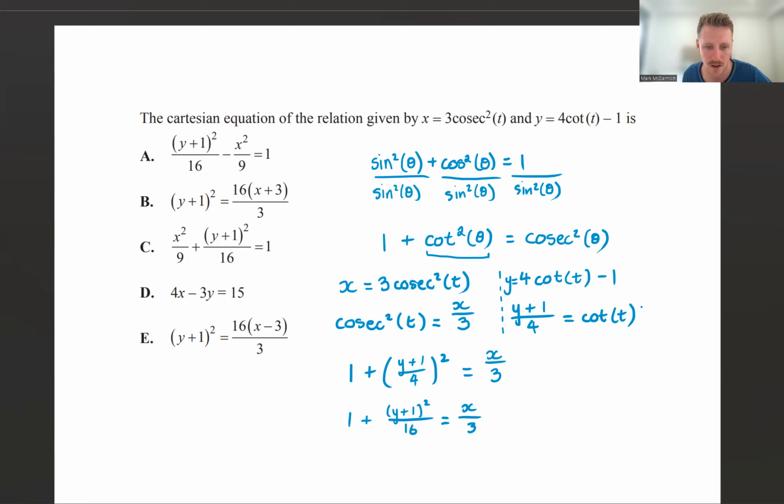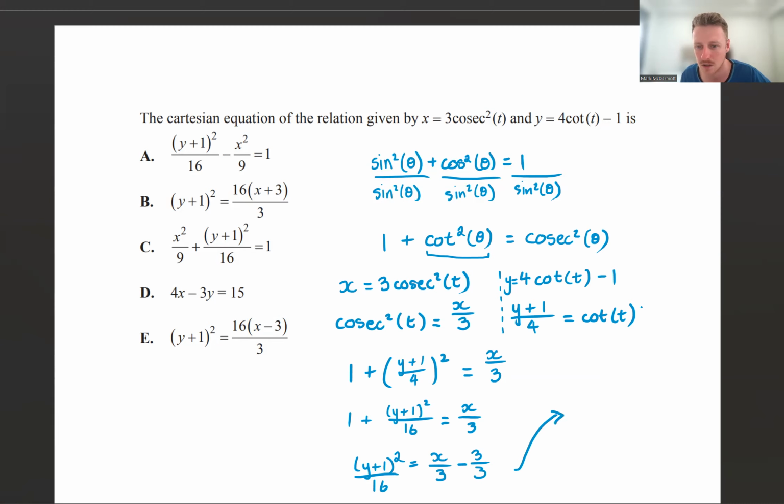If I make y plus 1 squared on 16 the subject, it equals x minus 1. Well, that's taking away 3 on 3, just to get common denominators.